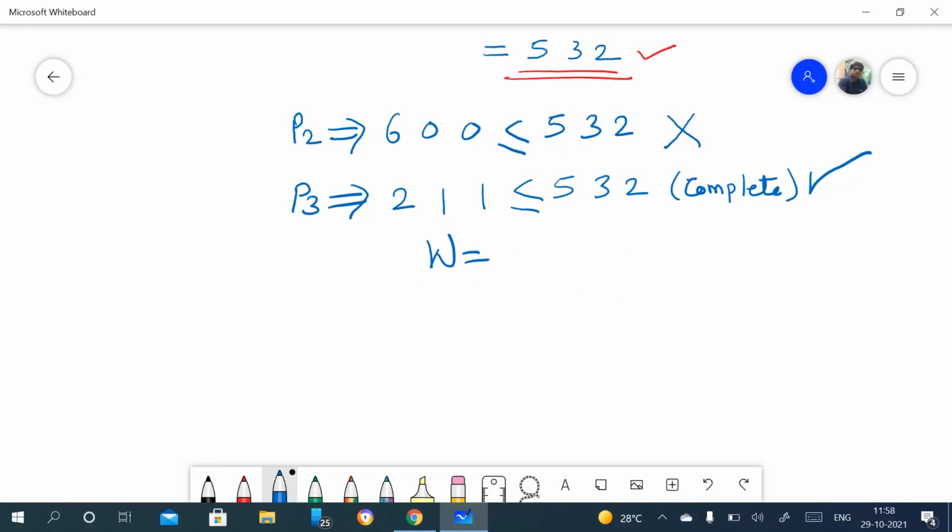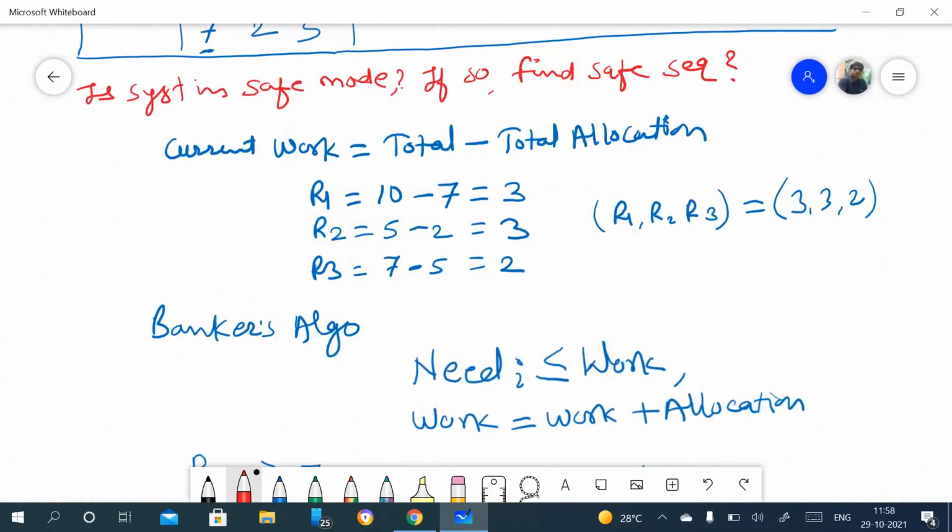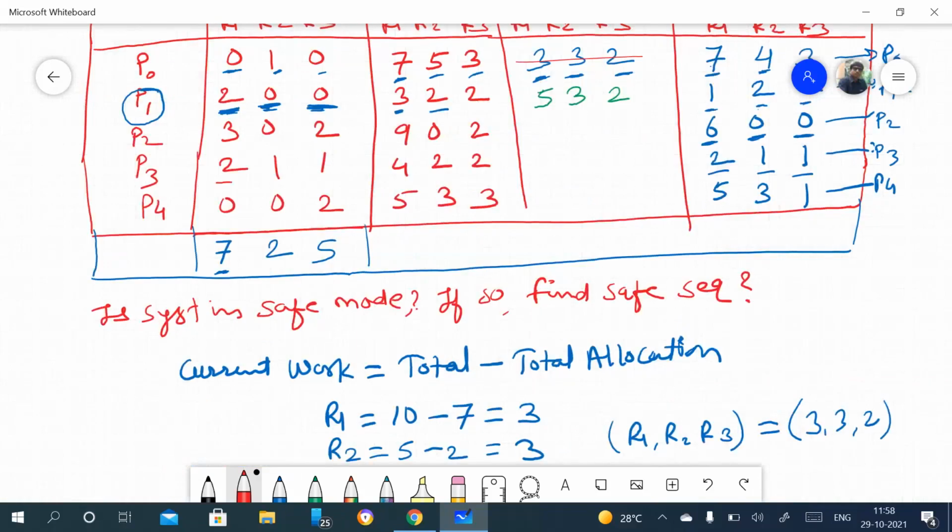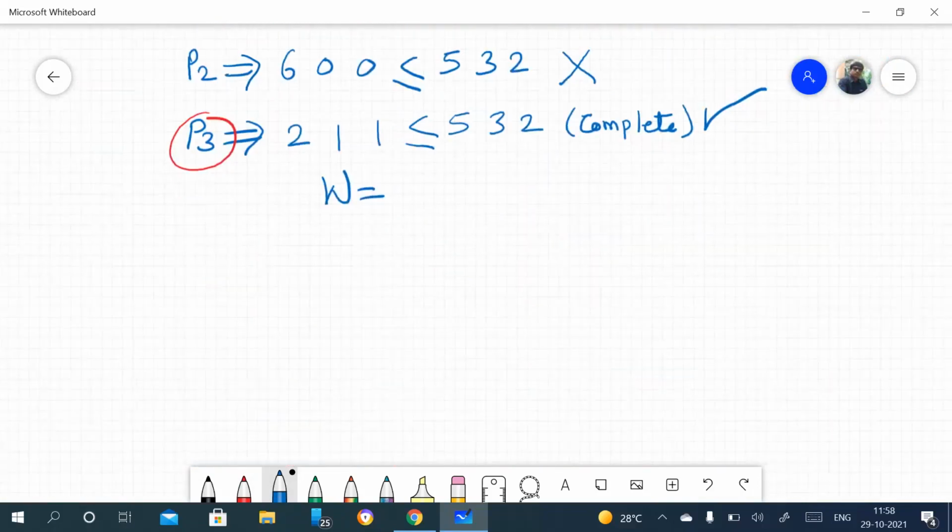So whatever P3 holds, this P3 holds 2, 1, and 1. So these will be released. This is executed and this 2, 1, 1 will be released.